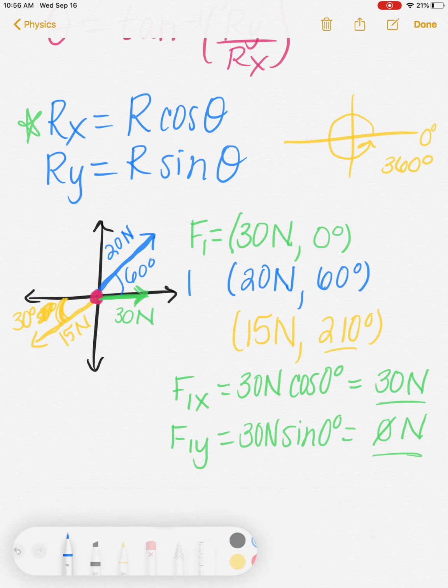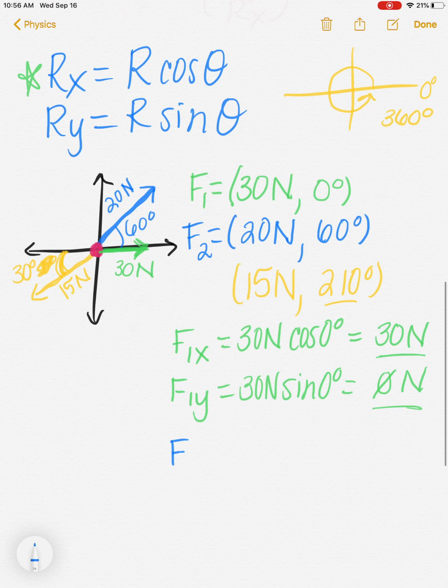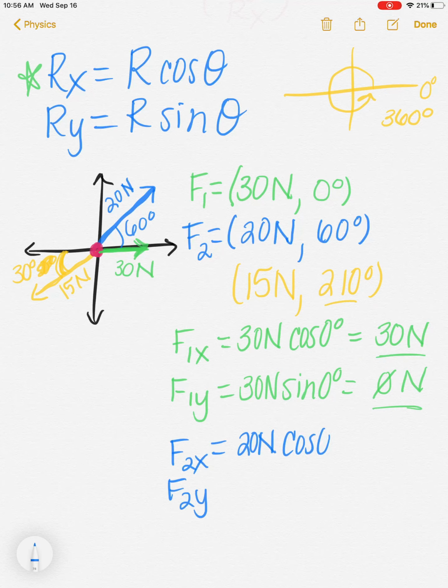We need to repeat this for force vector number 2. So let's break F2 into x and y. All right, so the x component here is going to be found by taking 20 newtons times cosine of 60 degrees. And the y component is going to be found by taking 20 newtons sine of 60 degrees.